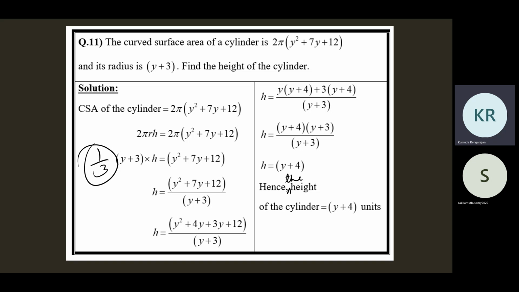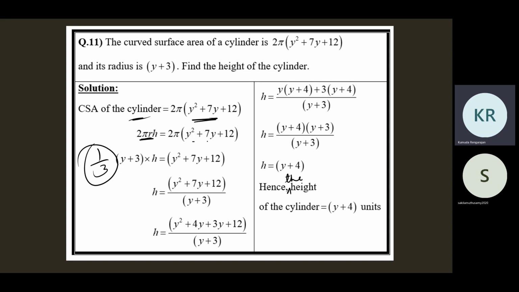So these are the steps. They've written the formula. I'll just give you 1 on 3. Yes, ma'am. Yeah, this is how you should present it. CSA is given to be this one.